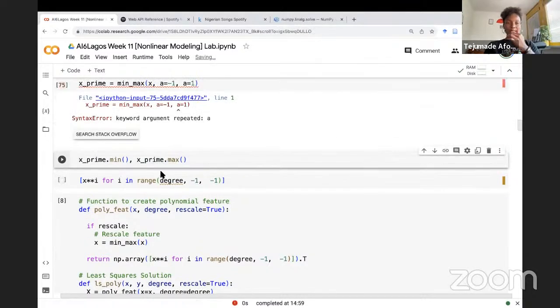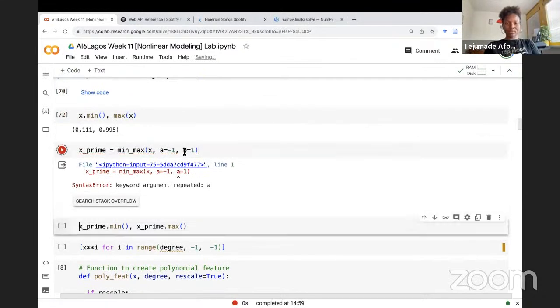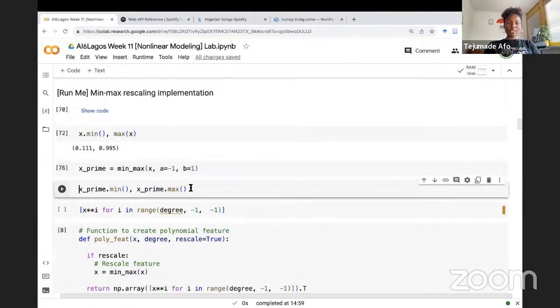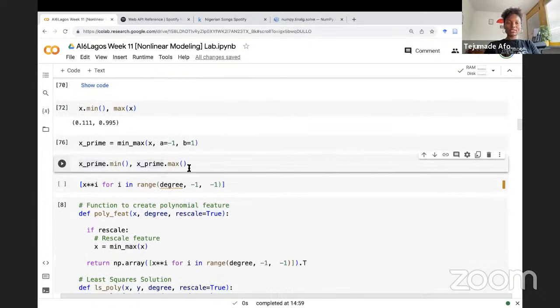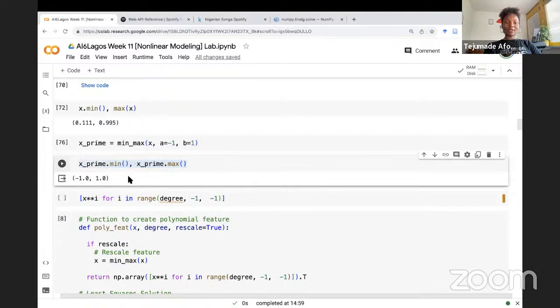What do we expect, guys? If I run this cell, what do you expect that I will get? You can also run it yourself, see what you got and tell me the answer. Thank you. So -1 and 1, which is exactly what I got.